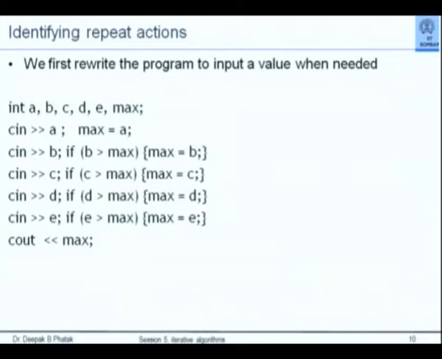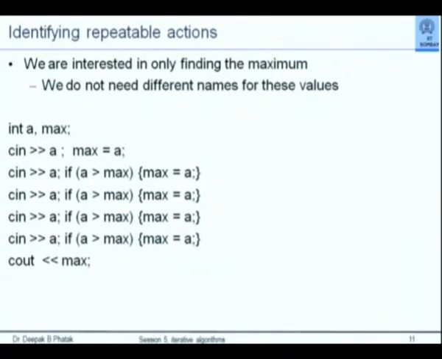In which case, why is it necessary to use B in one case, C in another case, D in another case? We presume that we are interested in finding out only the maximum of the given numbers. We are not interested in the individual identity of numbers. If that is so, then I do not need to use different names for these values. So I further modify that program.